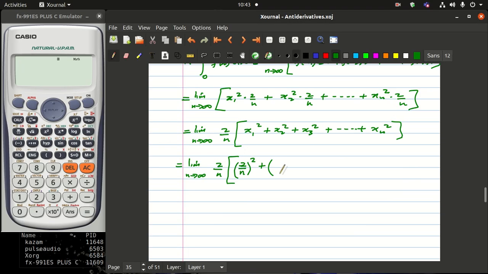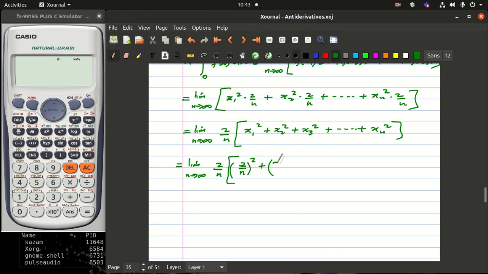So here we'll end up having, let me write something here so that you can see. It is 1 squared times 2 over n. Even if the 1 is not there, it's still not going to change anything. So let me just write that. I will go back to it at a later stage.